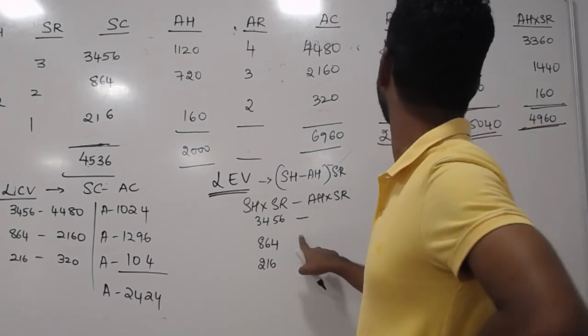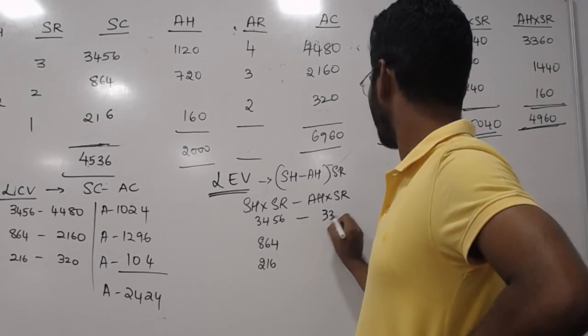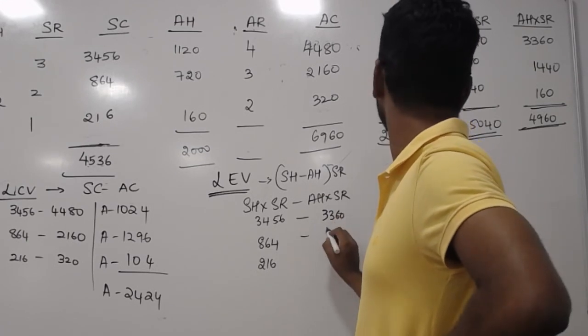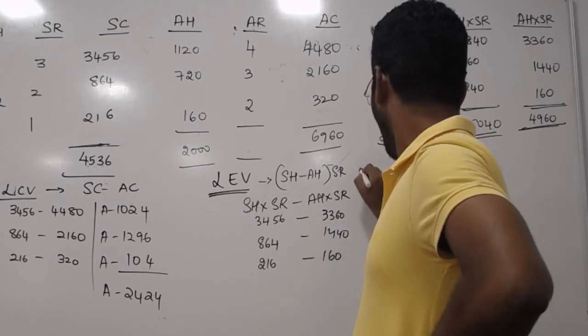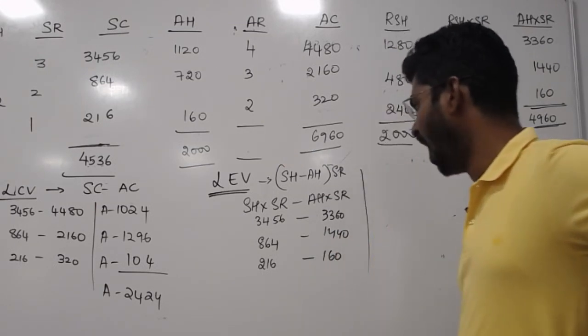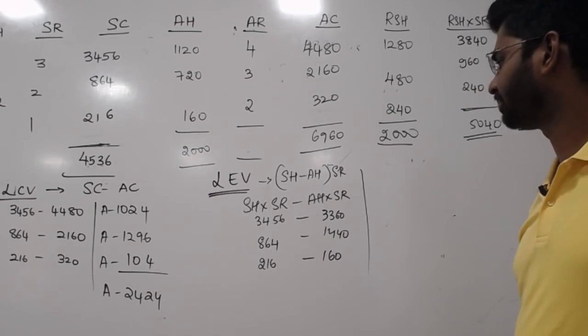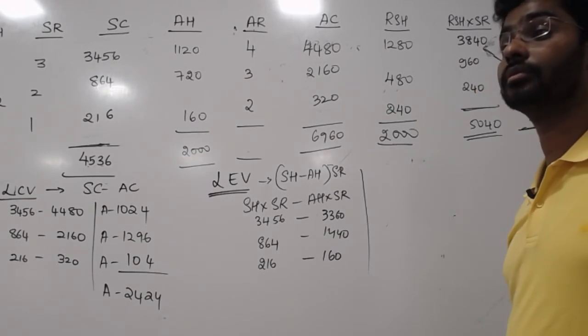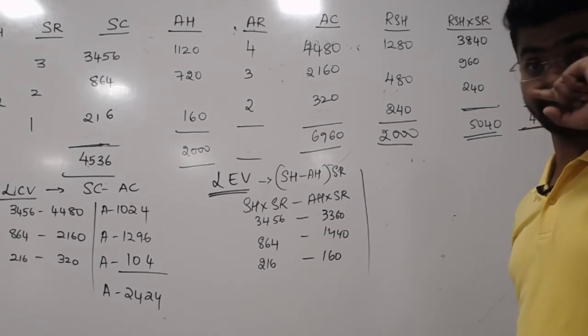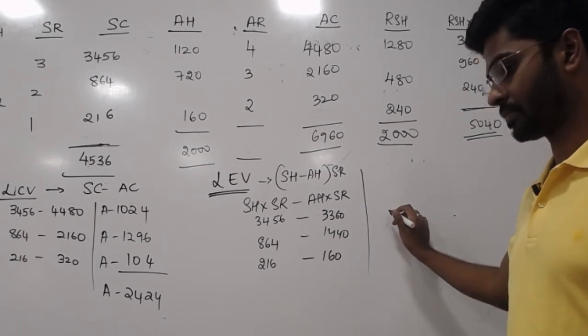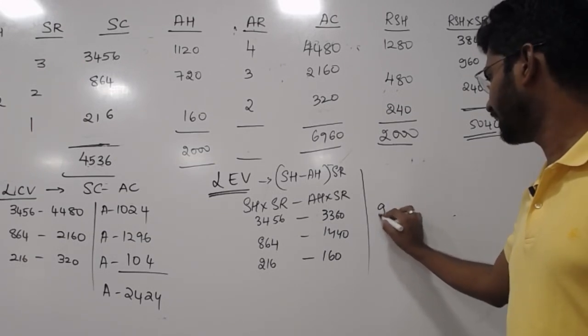The 3456 minus 3360 minus. First one, 96.